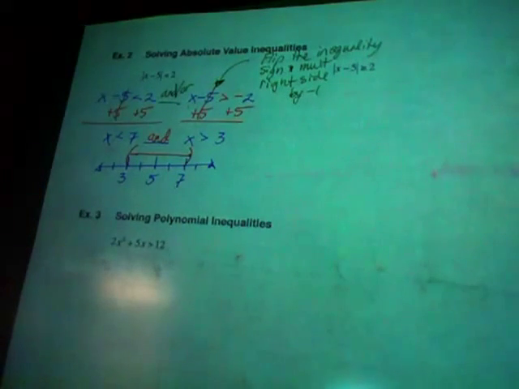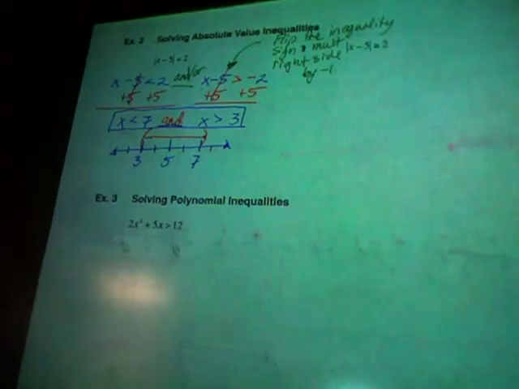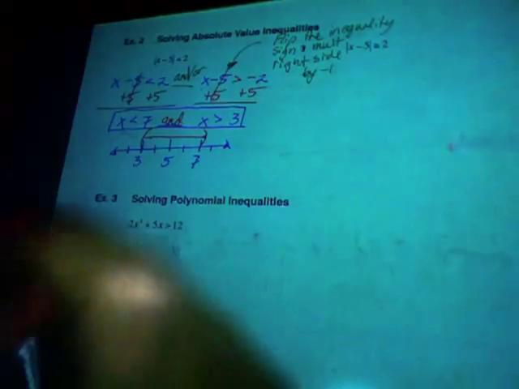All right, so this is part of your answer. Your graph is the second part of your answer, and then you will most likely be asked for interval notation. So for this one, it kind of looks like an ordered pair because the 3 and the 7 are your critical values, and then what lies in between, we're basically saying we start at 3 on the number line.